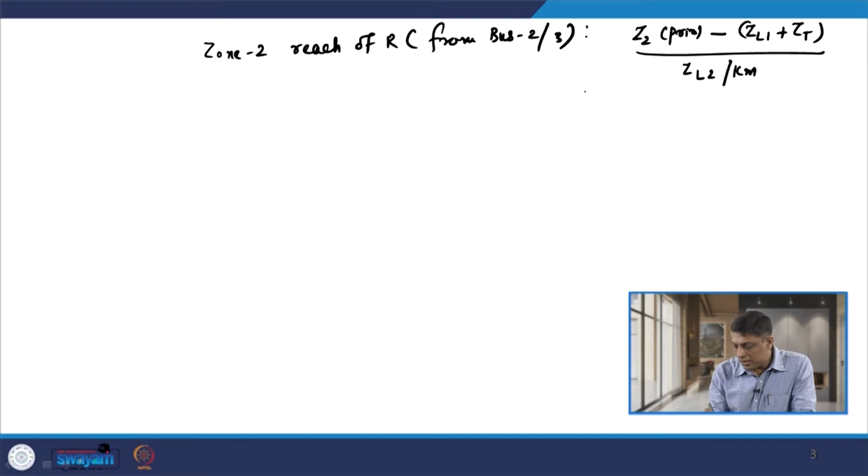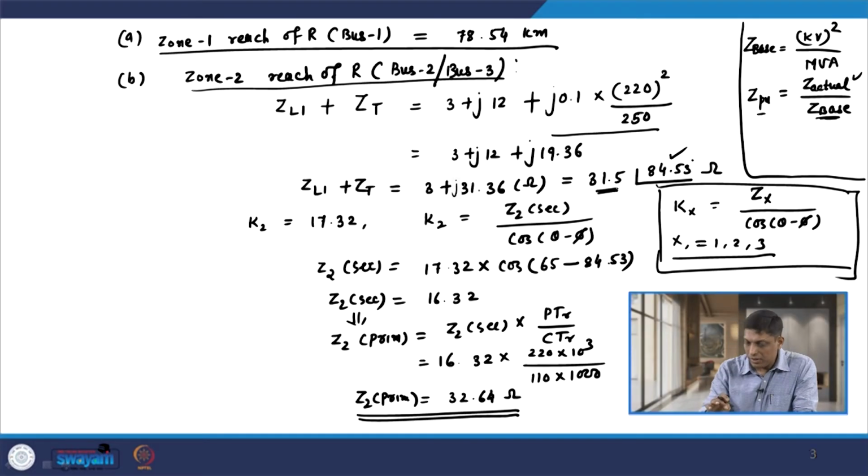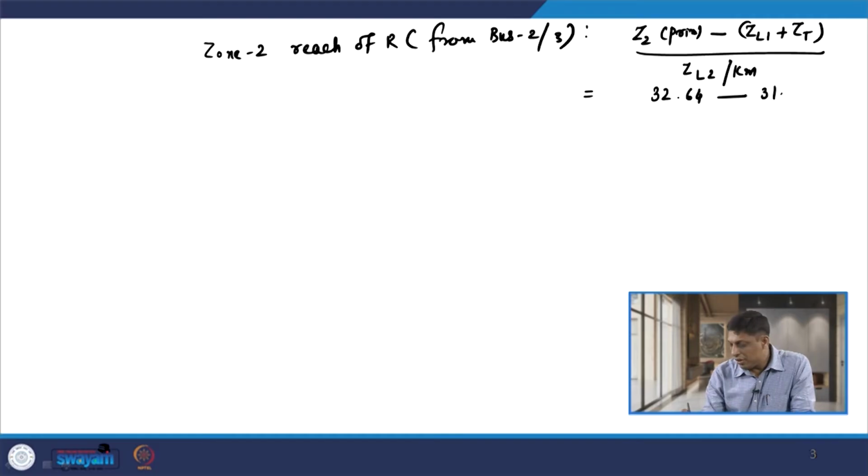So, if I put this value here, Z2 primary, you can see it is 32.64 ohm. So, that is 32.64 minus ZL1 plus ZT, that comes out to be 31.5. So, this is 31.5 divided by ZL2 per kilometer. The value of ZL2 per kilometer is 0.04 plus J 0.16, right.